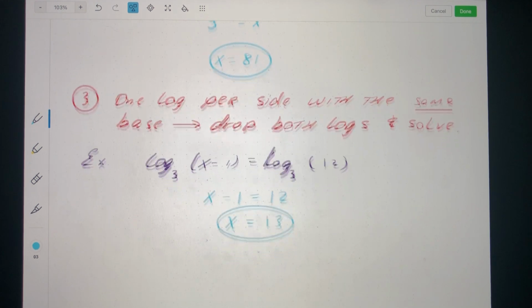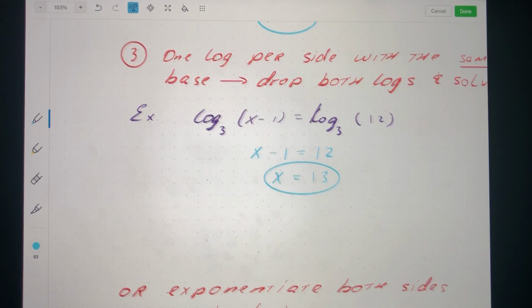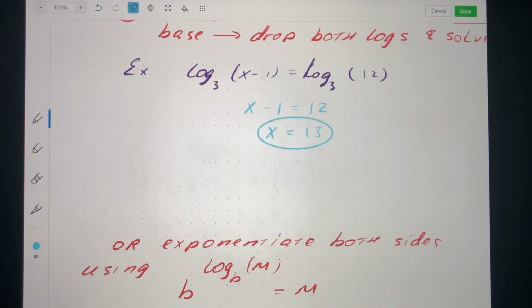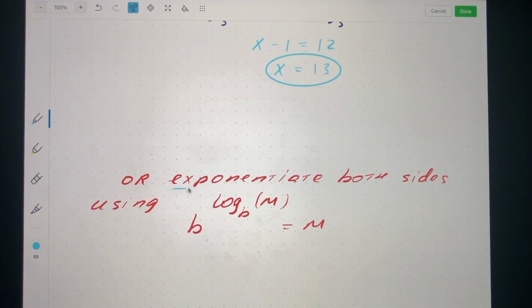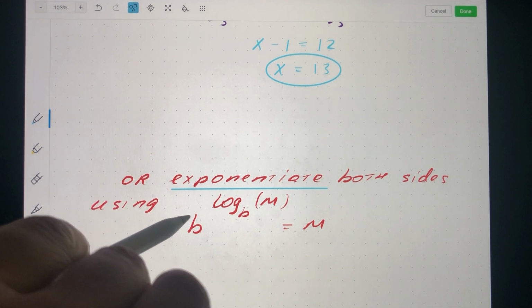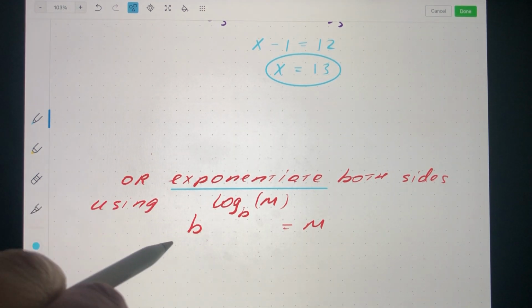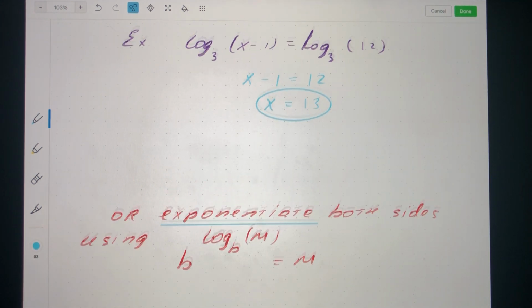We can also use a different approach to solve this same question, and it uses the procedure known as exponentiation. So you can exponentiate something, meaning turning it into the exponent. So here is the original question.